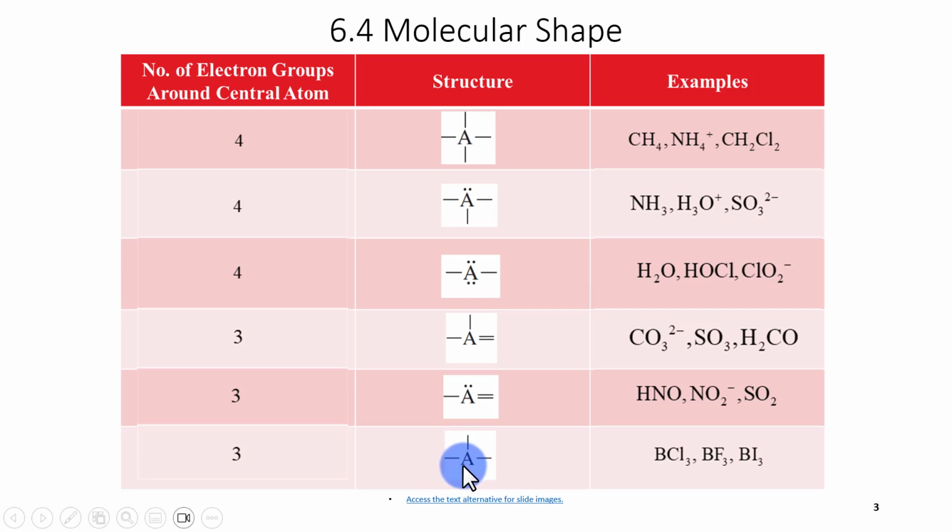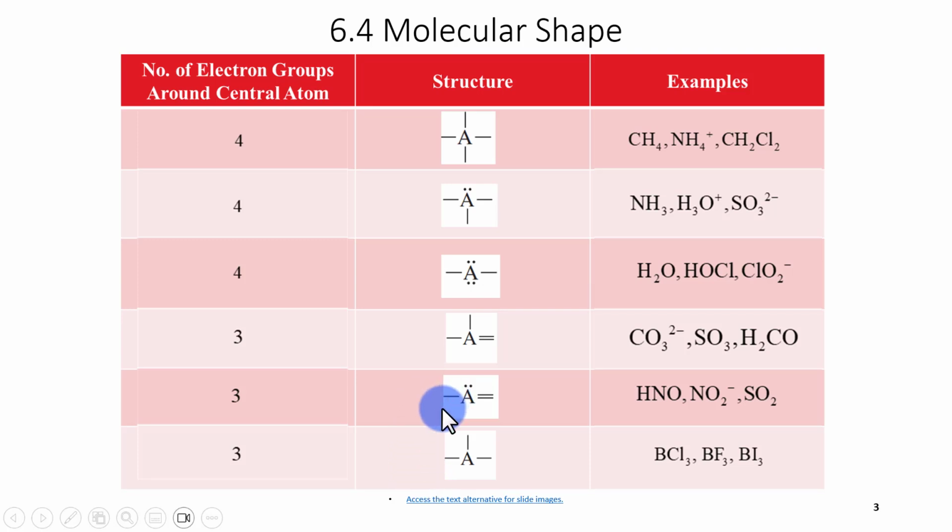If I put boron here and then the chlorines on the outside, it has 3 bonds, 2 electrons each, 6 electrons around it, so not 8, but it's still happy. And it has 3 electron groups because each single bond counts as 1 group. So 1 electron group, 2 and 3 electron groups.